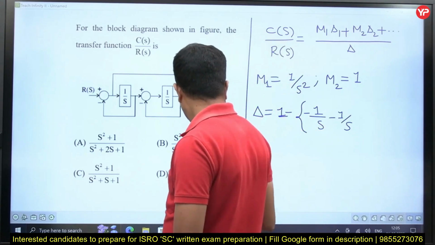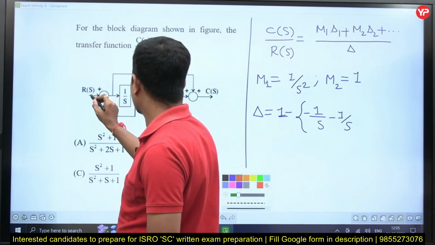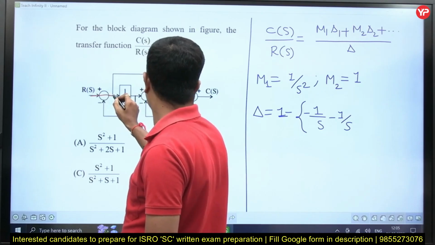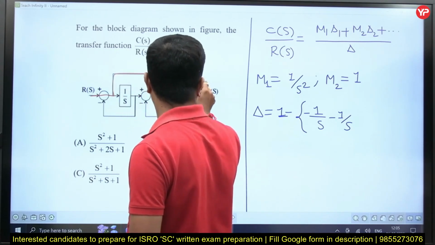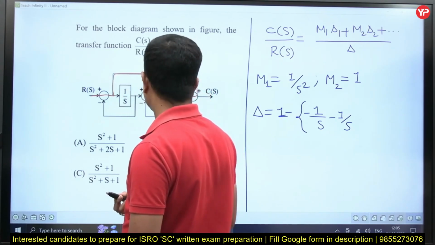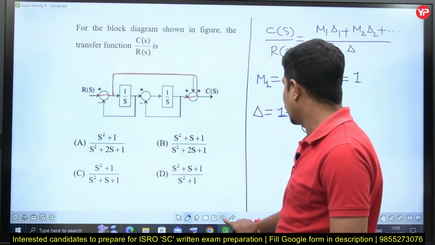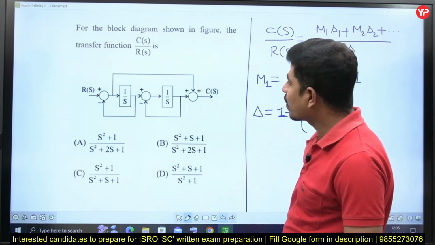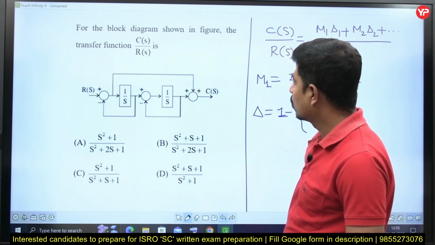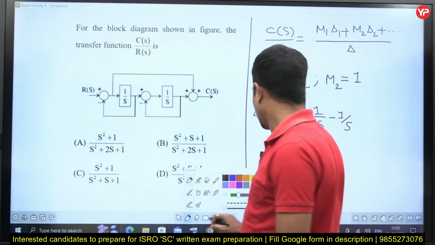Observe and tell me whether this loop is possible or not. Not possible, because I have to travel opposite to the arrow direction. Any other possibility? No. Only two loops.